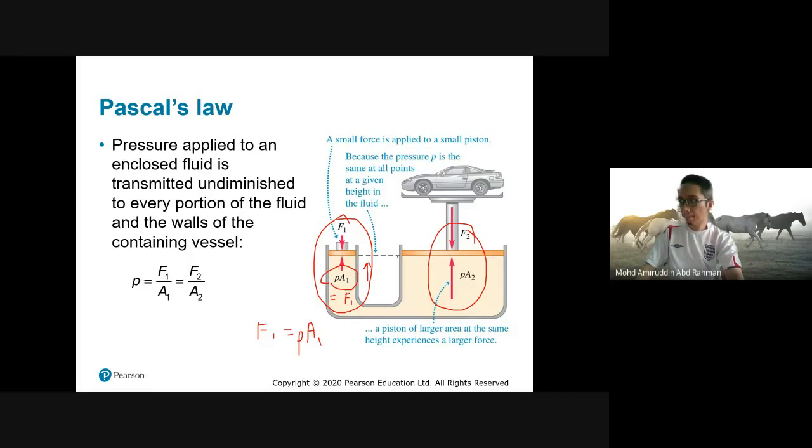As you look over here, these two pressures applied have a similar height. That's why the force applied upwards over here actually equals the force applied over here as well, even though the force applied over here is much smaller than this one.